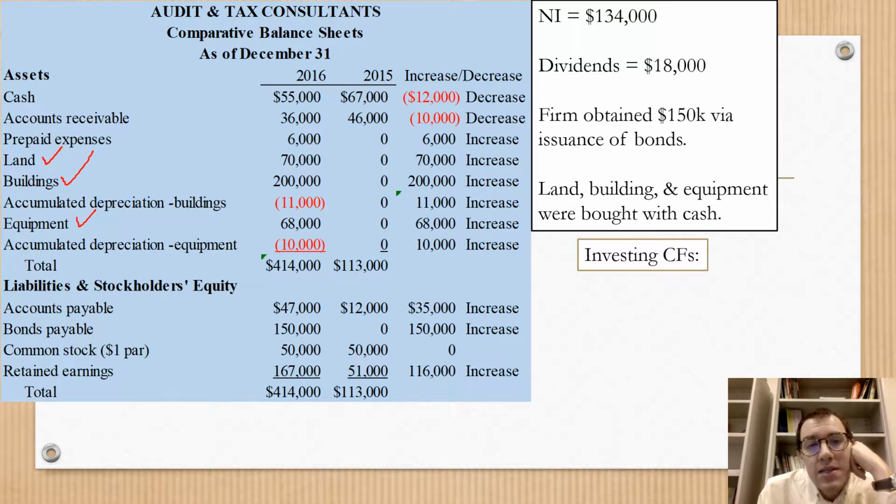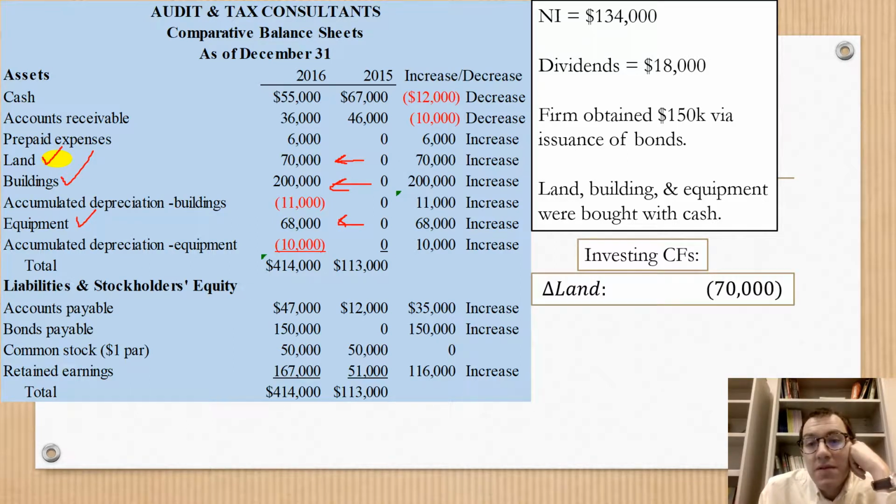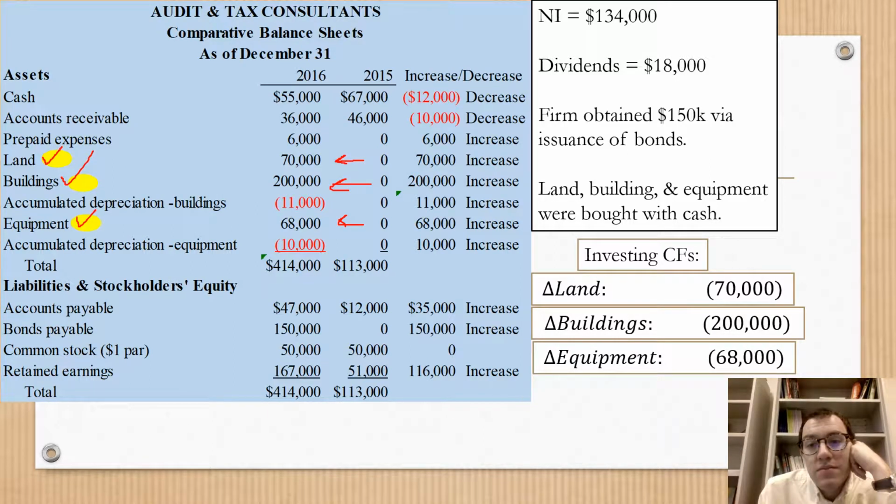You just say, all right, I spent $70,000 on land, $200,000 on buildings, and $68,000 on equipment. So those are all negative investing cash flows. If you add it up, it should be negative $338,000.